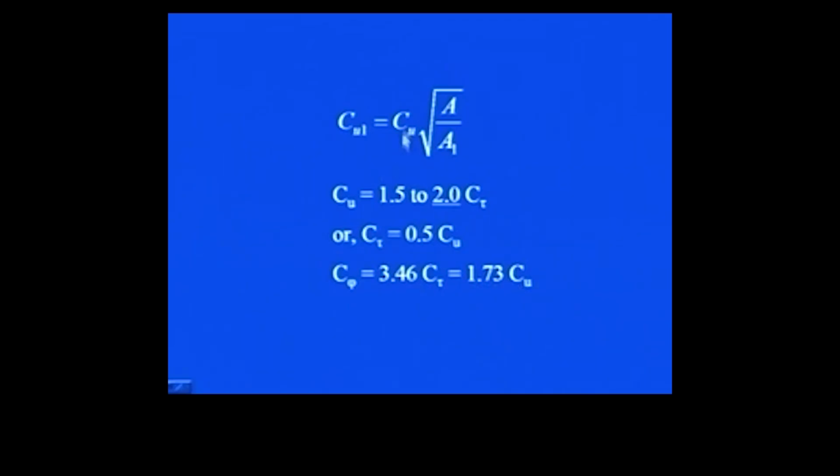So, using these three relations, we can get the value of Cu for the foundation from the value of Cu which we have found out for the test plate, and then once we know this Cu1, that is Cu for the foundation, using this expression we can get the corresponding C tau, and then using this expression we can get the corresponding C phi.